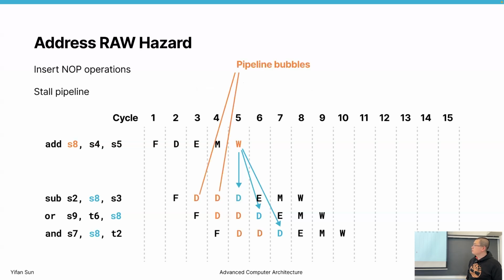So what we can do is add an extra decode stage. It basically tries to decode, now we detect a problem, we prevent it from moving forward. So next cycle is still doing decode.